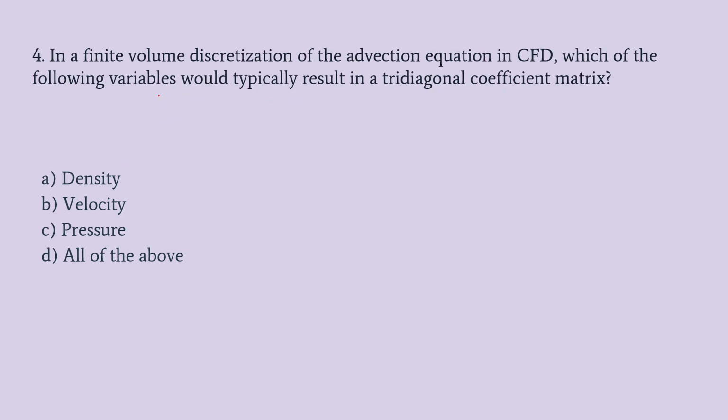When we are discretizing the terms, we have the momentum equation, the current equation, all such equations. So which of the variables are most likely to form a tridiagonal matrix?